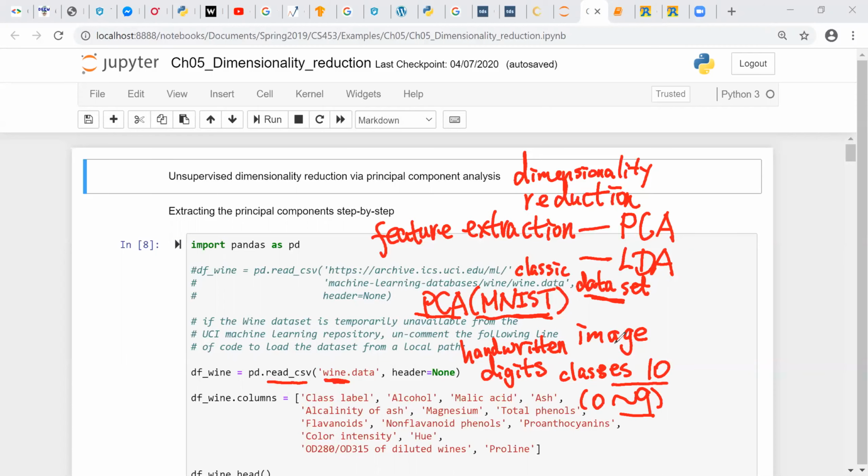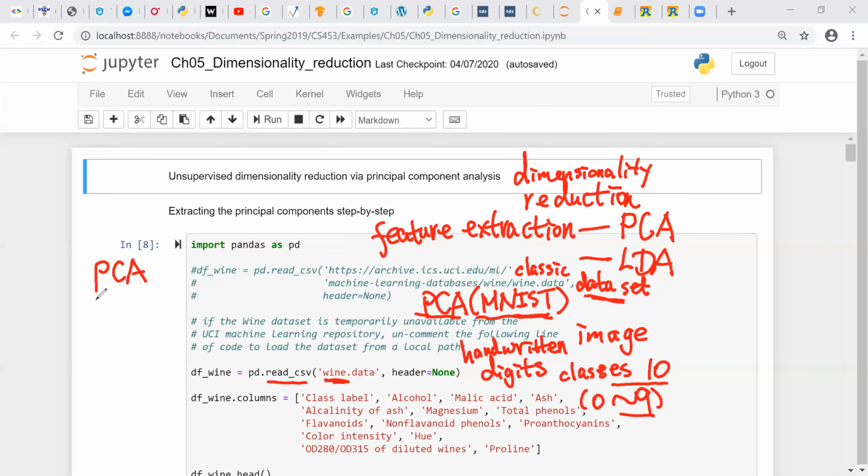And can you then tell me for the PCA? PCA is used for feature extraction, is it? So basically, more generally, it's about dimensionality reduction.